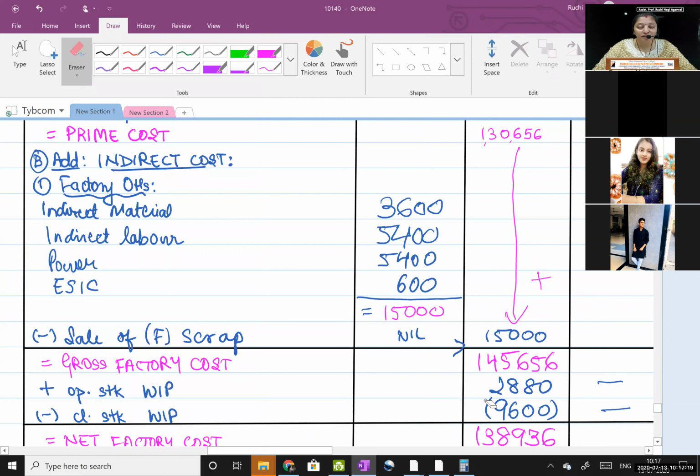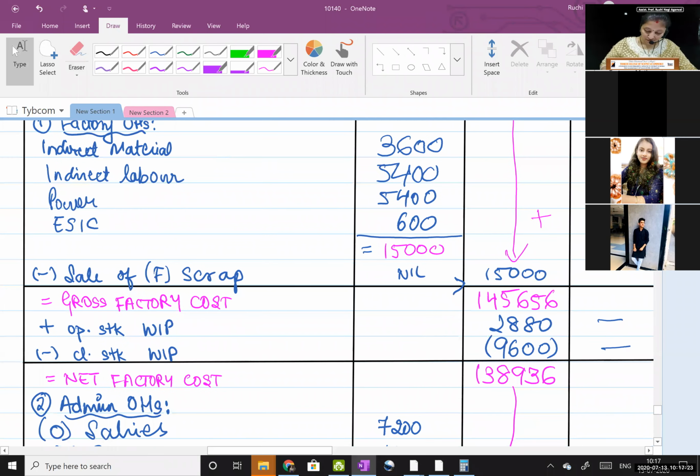Net factory cost. Okay. Is it clear till here, till net factory cost? Then I'll move ahead to admin overheads. Everyone, is it clear till here? Acknowledge it in the chat box. Okay, fine. Thanks for acknowledgement.